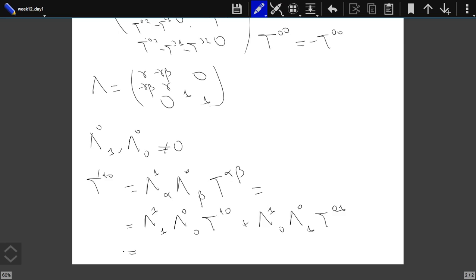Okay, the 1, 1 entry of lambda is gamma. Similarly, the 0, 0 entry is just gamma. So this is just gamma squared T1, 0, plus the 1, 0 entry and 0, 1 entry are minus gamma beta, so that is plus gamma squared beta squared, and T0, 1 is minus T1, 0.